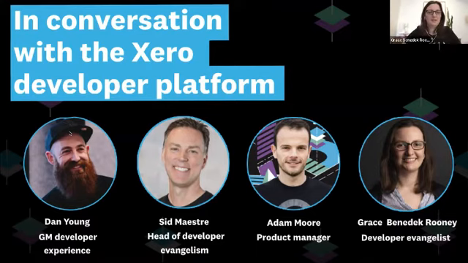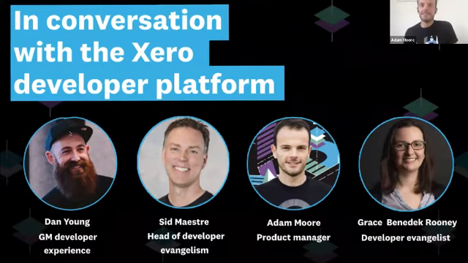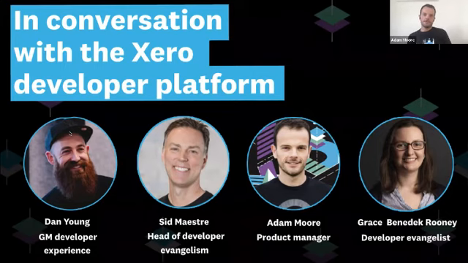Thanks for that, Dan. And if people do want to get updated on the things that are coming up, Adam, where's the best place for developers to find what's coming up in our roadmap? Yeah, as Dan alluded to earlier, we have a Trello board for our public roadmap, and we keep that as up to date as we can.